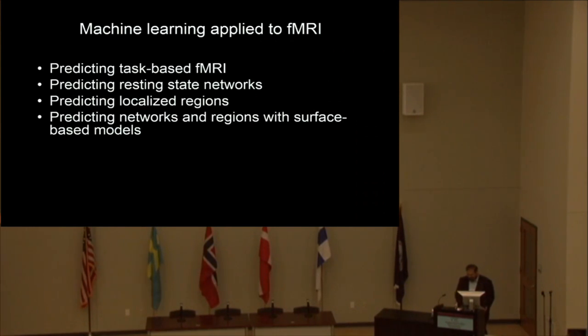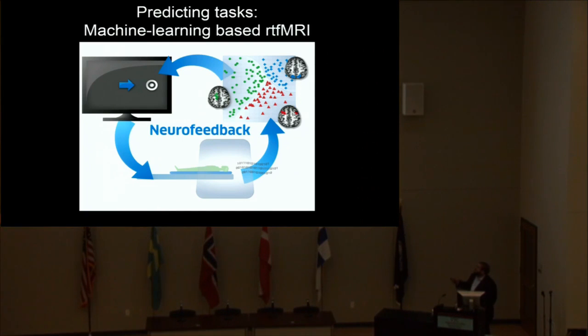So jumping into task-based fMRI, if we just ignore this top arrow for a moment, the basic setup is that we have a human in the scanner, and we're usually asking them to do some sort of stimulus-guided task. The machine learning goal of this is to come up with classification or regression models that first of all explain the data that we're seeing in terms of brain images and the stimulus or task parameters that are happening at the time these images are recorded.